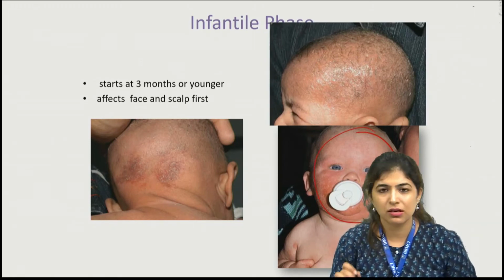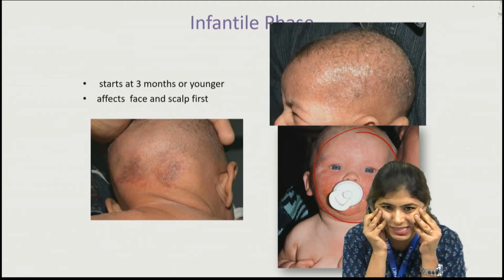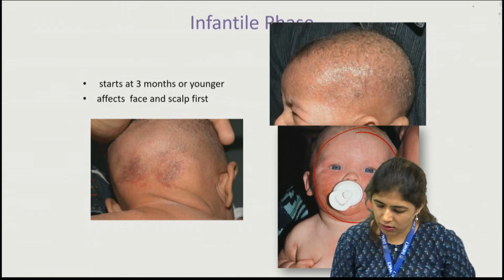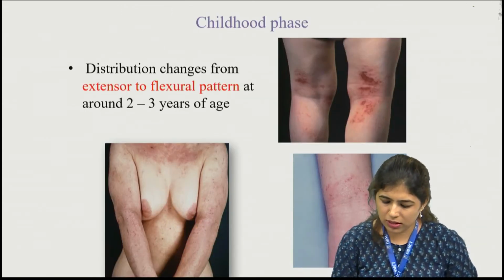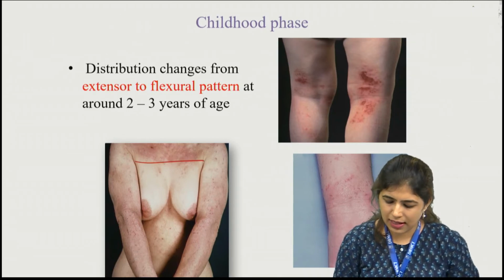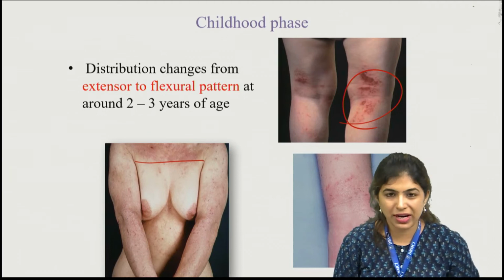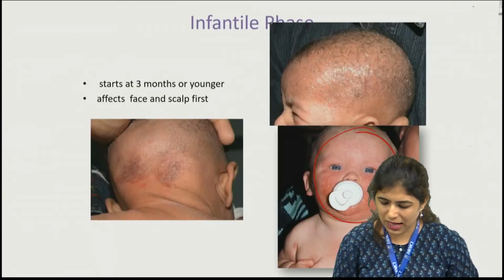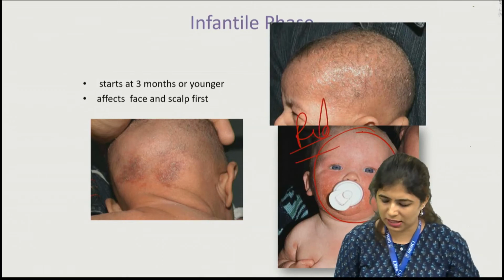And face, very typical, most of the questions will say that the baby has cheek eczema. Classical of infantile AD. Childhood, both extensors and flexures. Subacute, reddish brown lesions. The baby had red lesions. These are red, acute eczema.